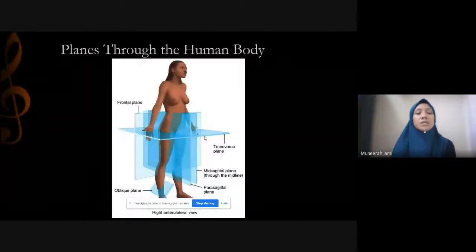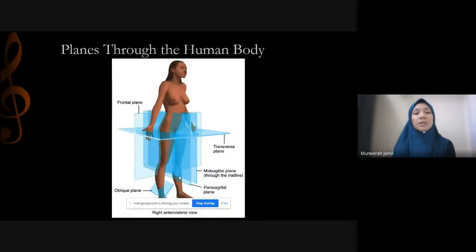Okay, so this is the plane, the human body plane. Because when you cut the human into planes, then you'll be able to see the structure inside the body. For example, bila you nak order untuk MRI, you nak order untuk CT scan, you kena mention dia punya plane tu. Okay, so the frontal plane.